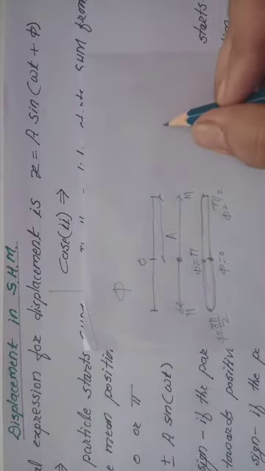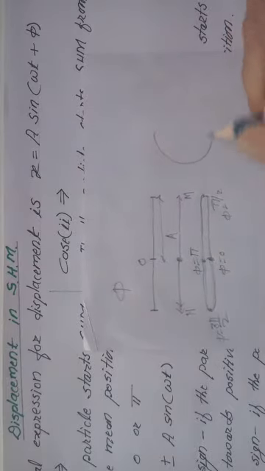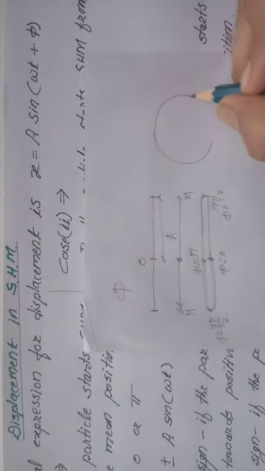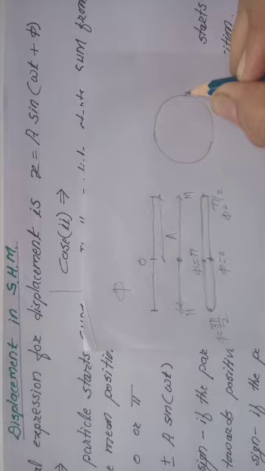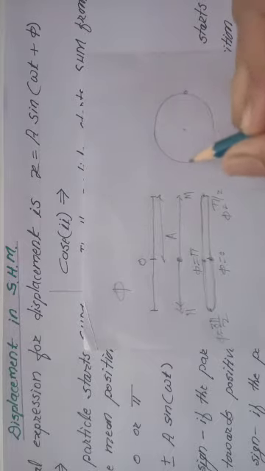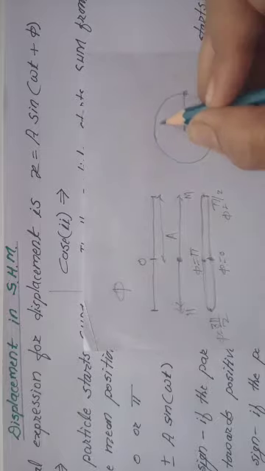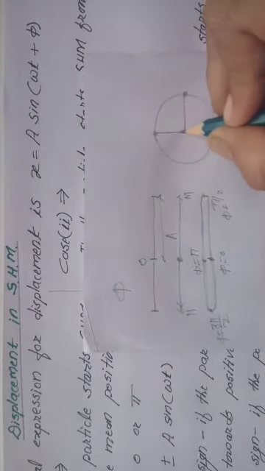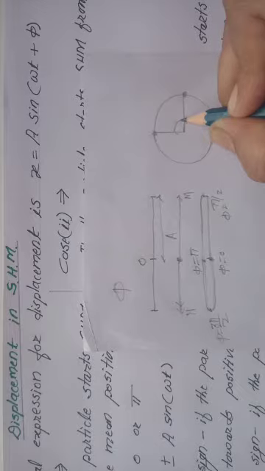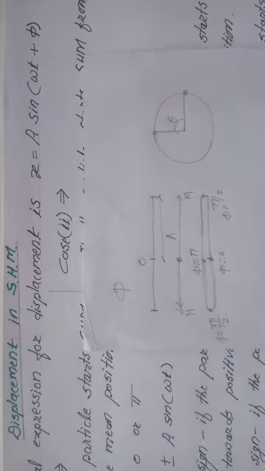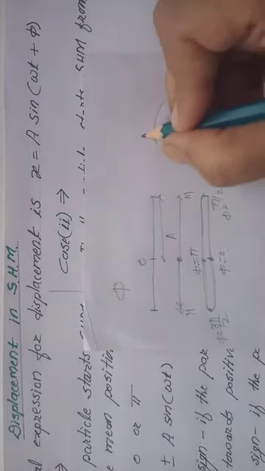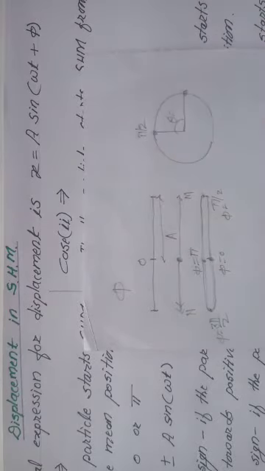I can explain this with the help of circular motion also. In circular motion, when the particle completes one complete revolution, when it goes from this point to this point, that is 1/4 of its path, the angular displacement theta is equal to pi by 2.